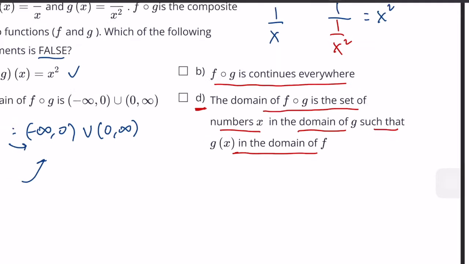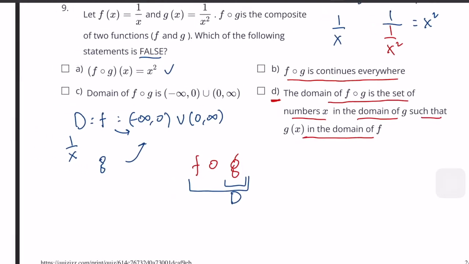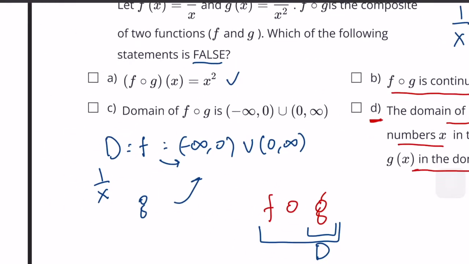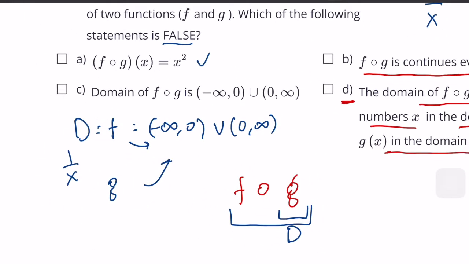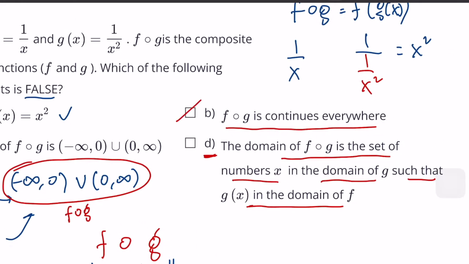So that means if you have f of g, the domain here is also a set of the domain in this D. So actually, if you are going to have the whole domain of f and g, that will be the same domain here. So this will be the domain of f of g also. Okay, so it's not continuous everywhere.